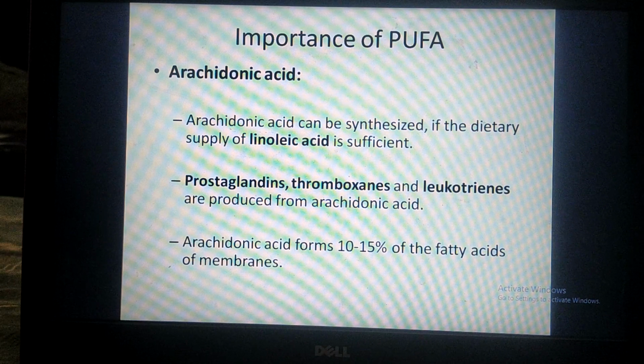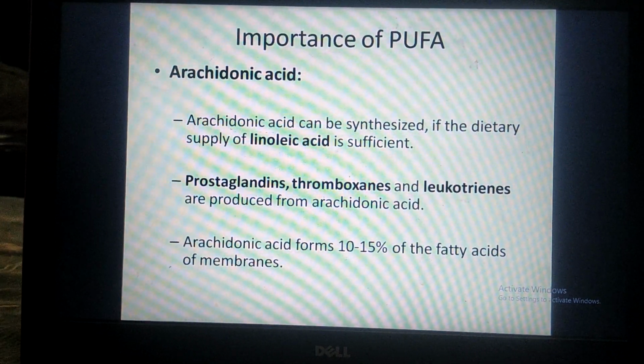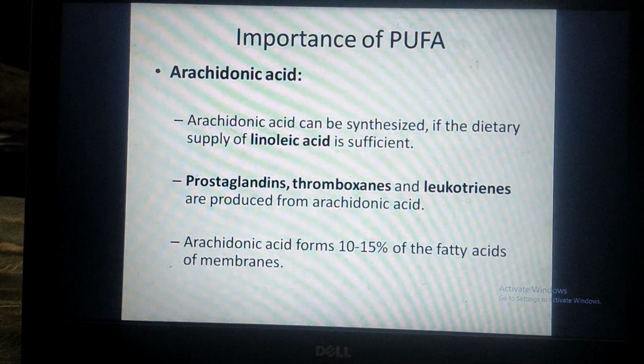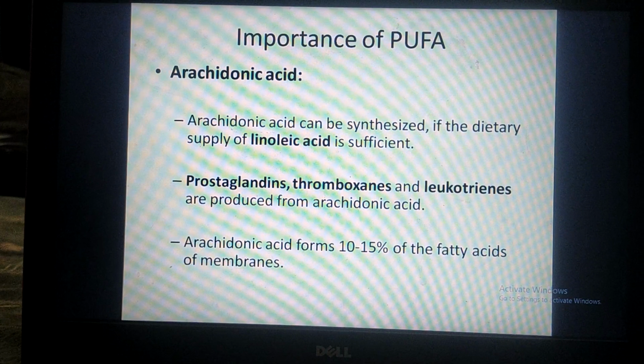This arachidonic acid can be converted into prostaglandins, thromboxane and leukotrienes, which are very important biomolecules in the body. Arachidonic acid forms 10 to 15% of the fatty acids present in the membrane.